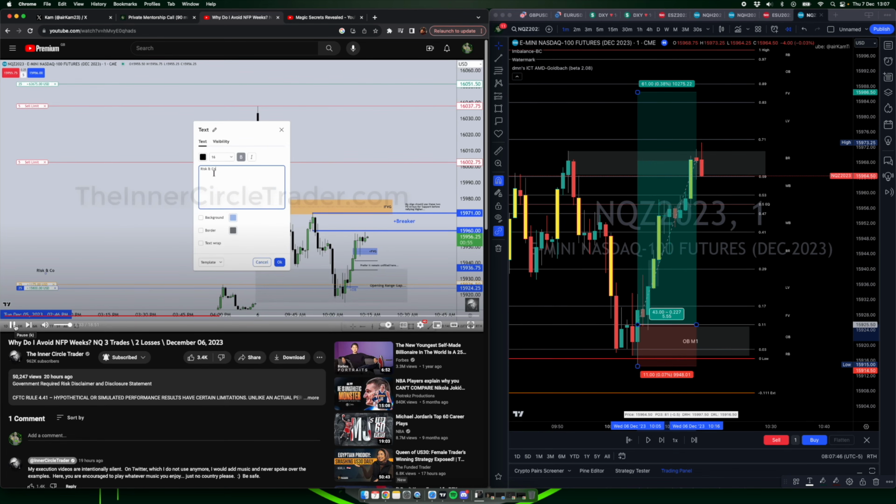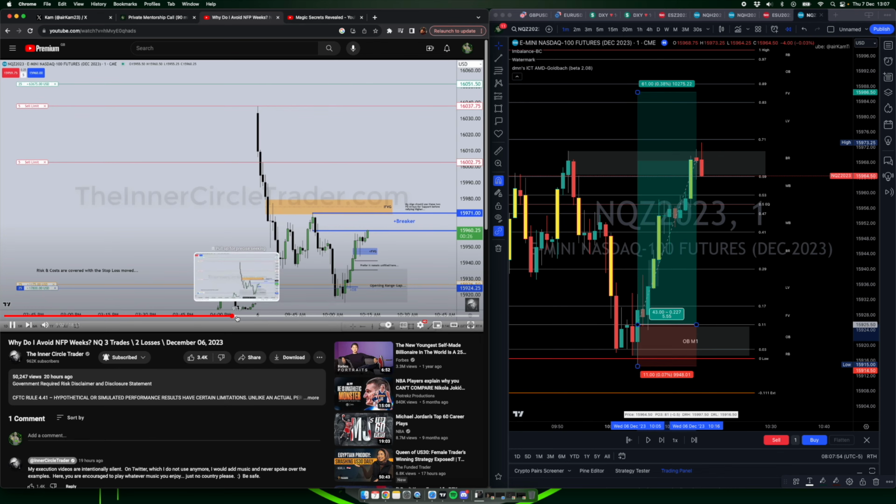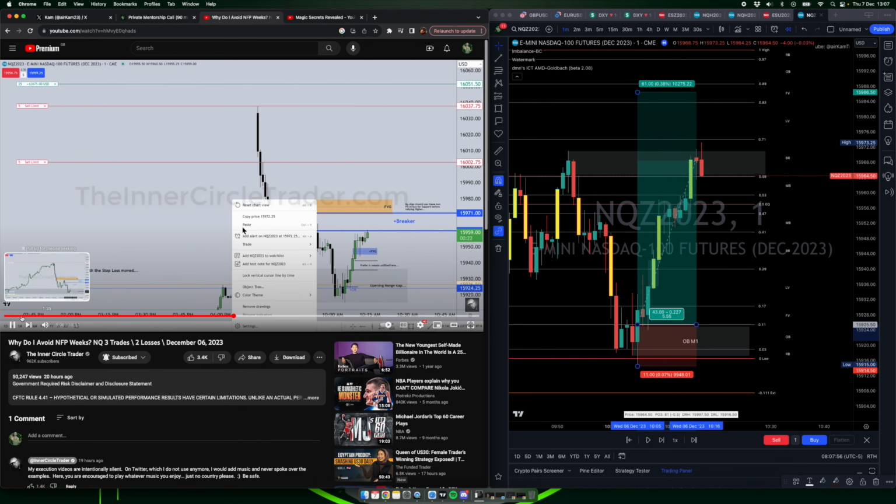Okay, what do we have here? Risk and costs are covered, so he's just put his stop at break even pretty much, and he's taken some partial, so it's kind of risk free. Now we're in that breaker. Okay, now why did price stall here? Because we went from a discount past the equilibrium. We are now in a premium, right?